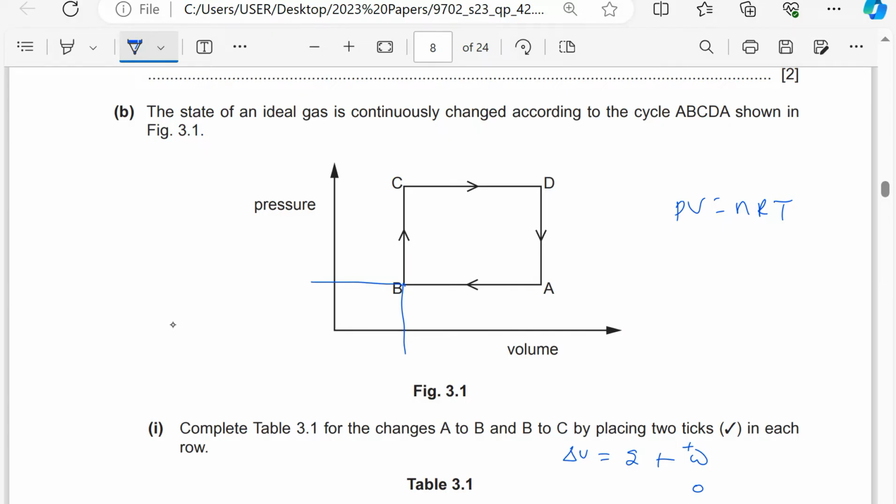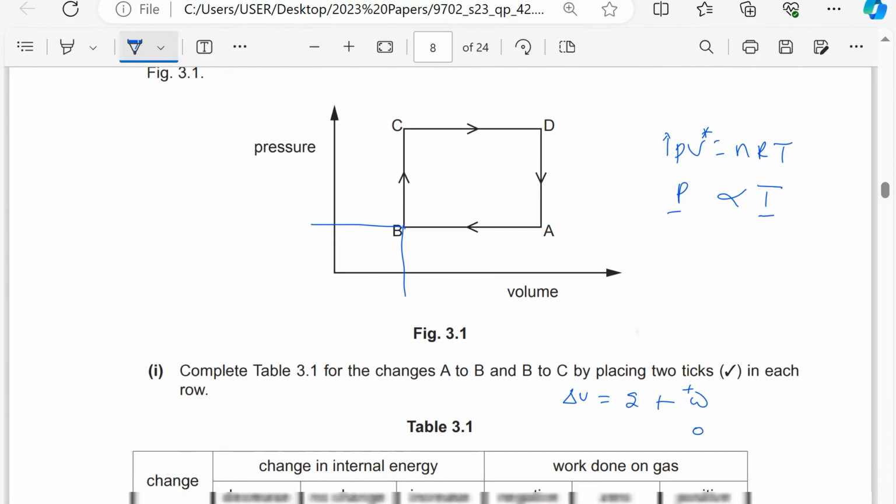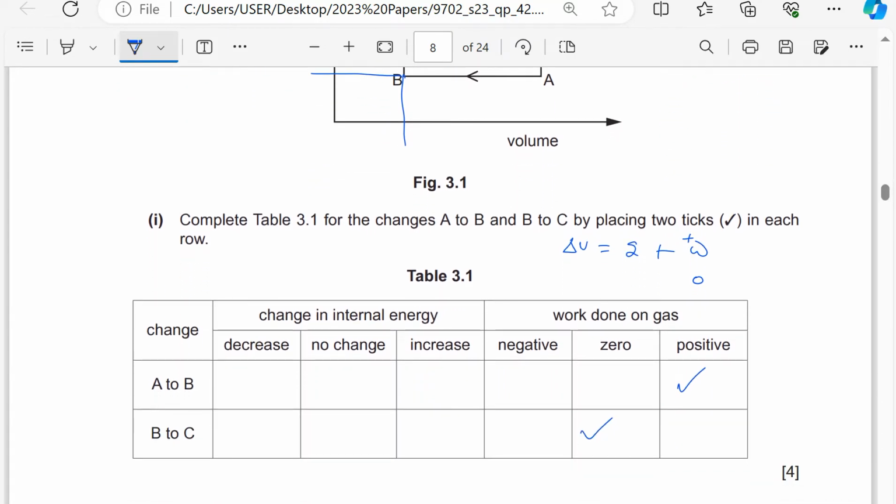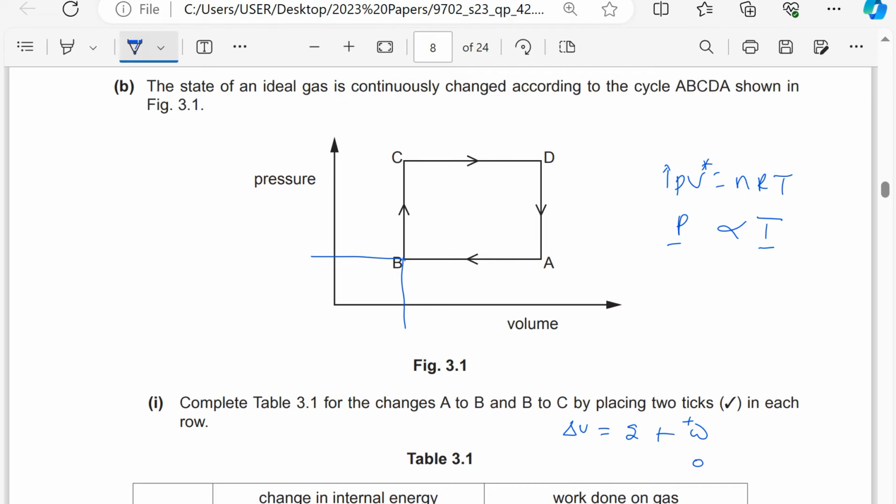B to C, pressure increases, the volume is constant, but pressure is directly proportional to temperature at constant volume. So the pressure increases, meaning the temperature increases.